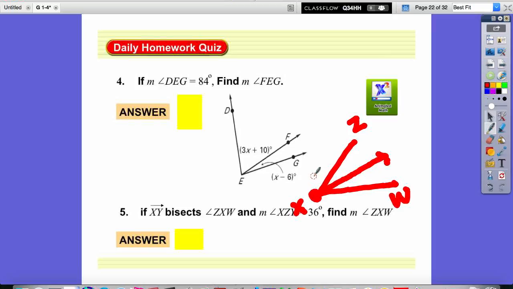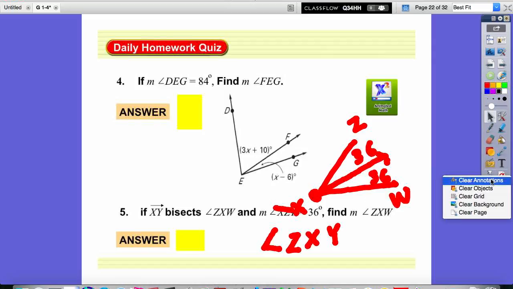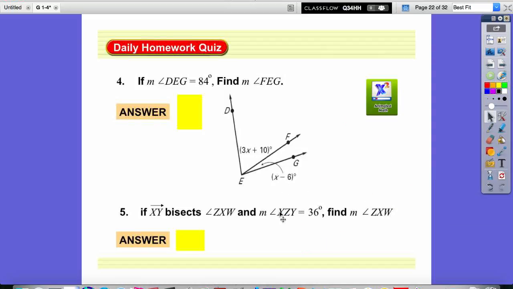Well, there's a problem here because we need angle X. So I'm going to assume that that's a typo and that they mean ZXY is 36. Then find ZXW, so that would also be 36. So 36 times 2 is 72. So I said I'm going to assume that that is a typo because XZY would not be part of those angles.